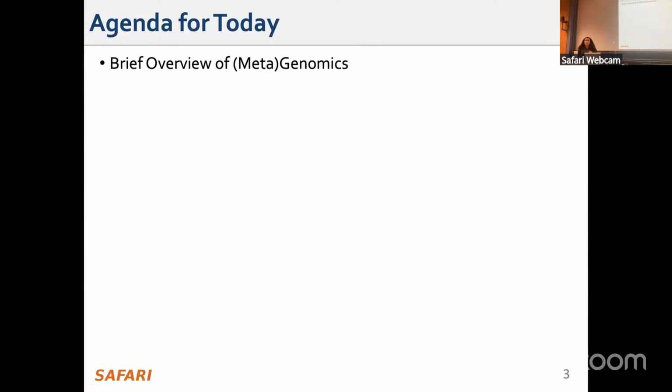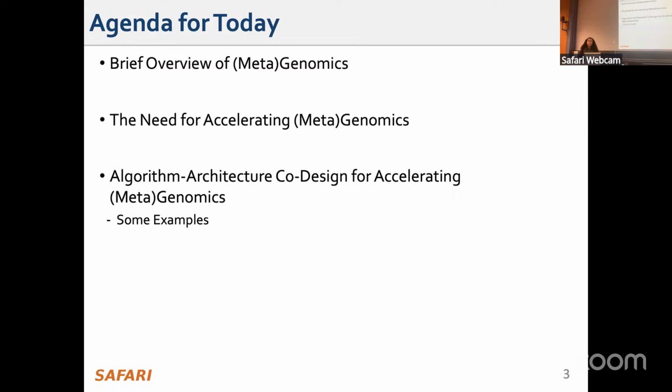So the agenda I have for today is as follows. I will give a brief overview of genomics and metagenomics, and we don't need to know anything about it in advance, not even what a k-mer is, because it will be covered. And why do we need to accelerate it? And why do we need algorithm-architecture co-design for this acceleration effort, what it enables? I will give some very high-level examples of what can be potentially enabled.